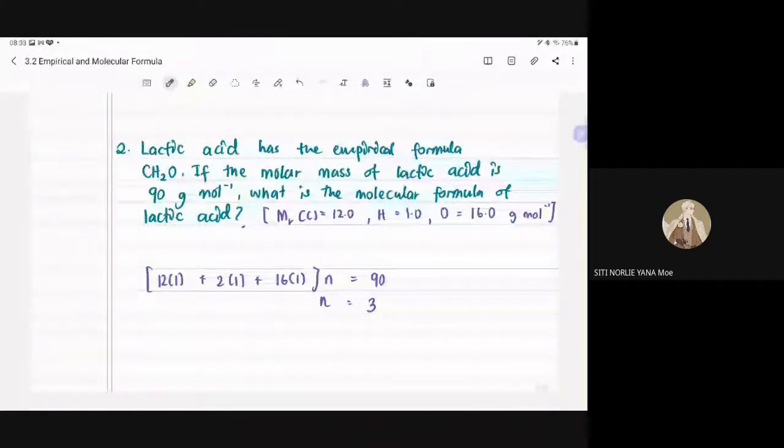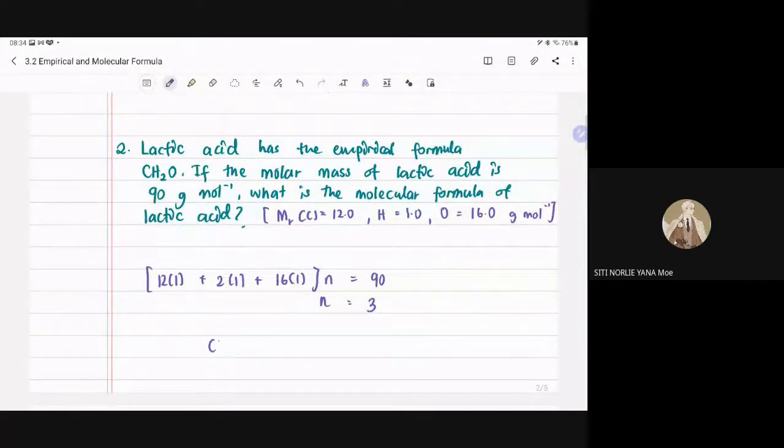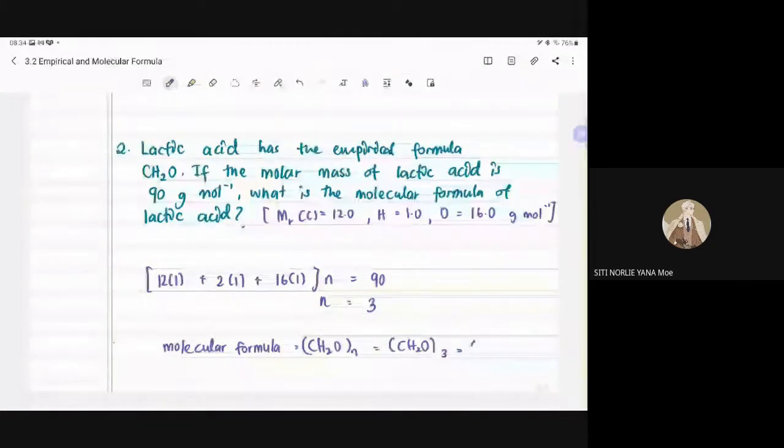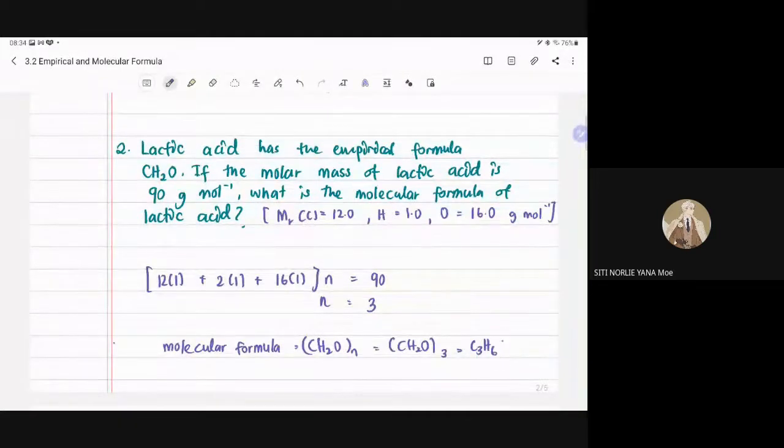So kita tengok N, CH2O 3 sama dengan molecular formula sama dengan CH2O N sama dengan CH2O 3 sama dengan C3H6O3.